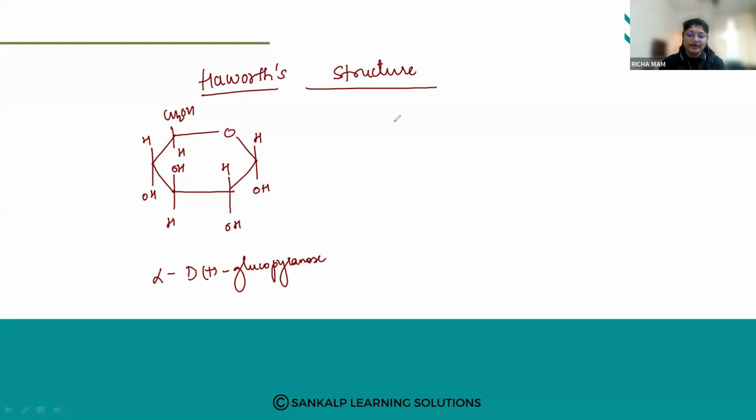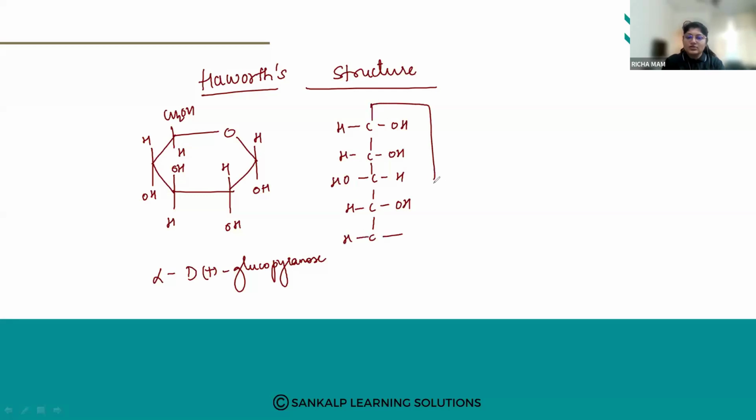Let me write the alpha-D structure: CHO, HCOH, HOCH, HCOH, HCOH, and CH2OH. This is also our alpha-D-glucose structure.